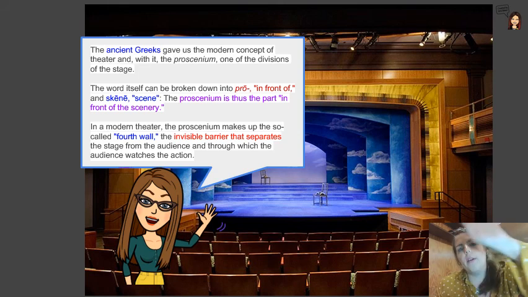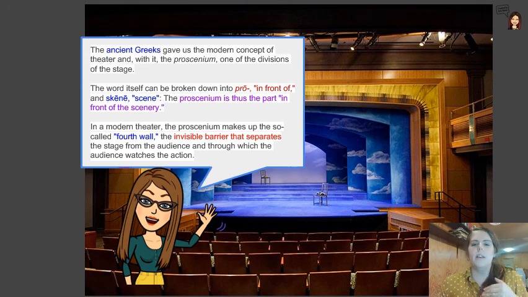So it's a barrier between the actors on stage and the audience. And that invisible barrier is what's called the fourth wall. It's a common thing in theater, just like when you're watching a movie, right? I think of Ferris Bueller's Day Off. I hope some of you have seen it.